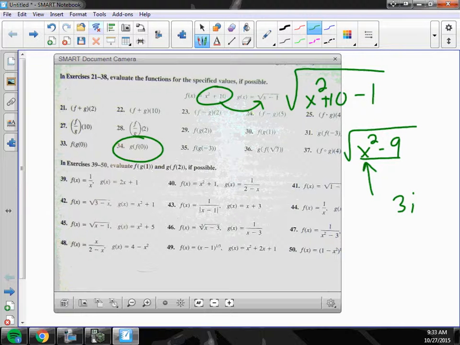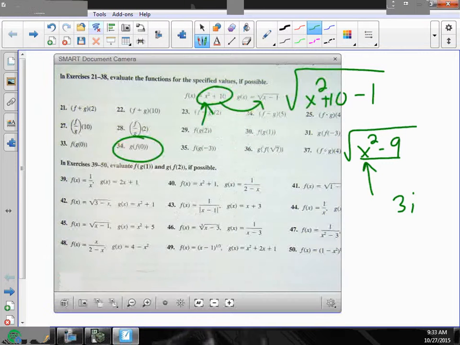So 0 squared plus 10 is 10. And if I plug 10 in there, does that give me the same number?